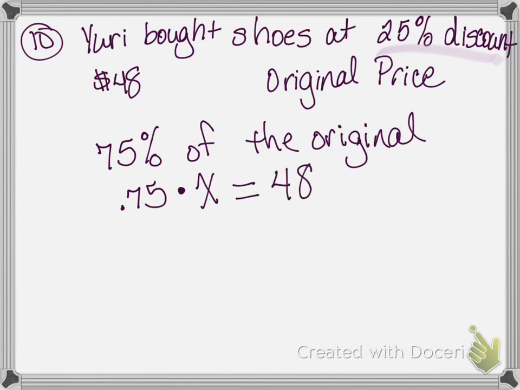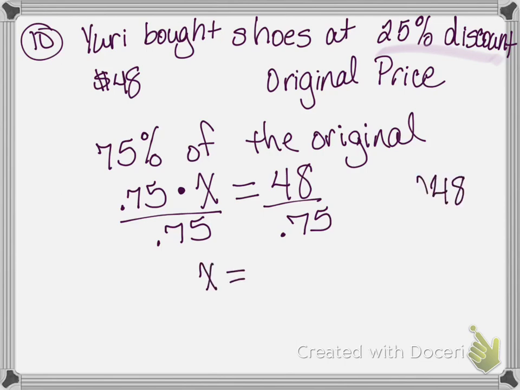Okay, so now we are going to divide both sides by 0.75, and I'm going to show you the math on this. Okay, the 48 goes inside the box. The 0.75 goes outside the box. What do I have to do with that 0.75? Move the decimal. So I'm going to move the decimal twice.